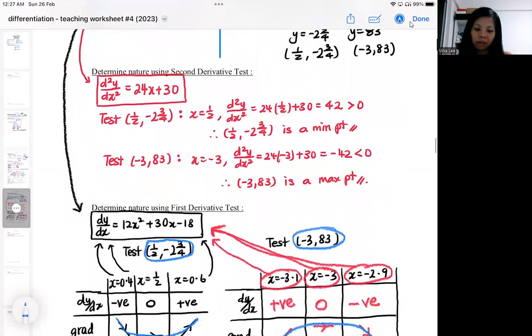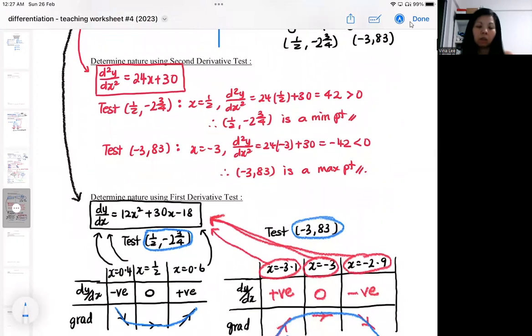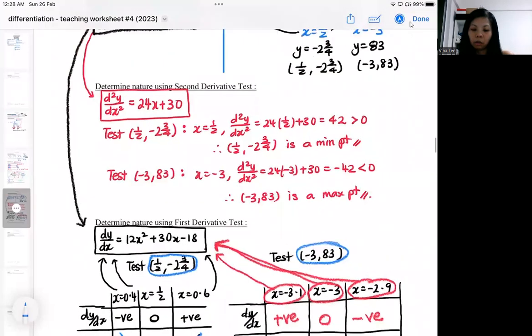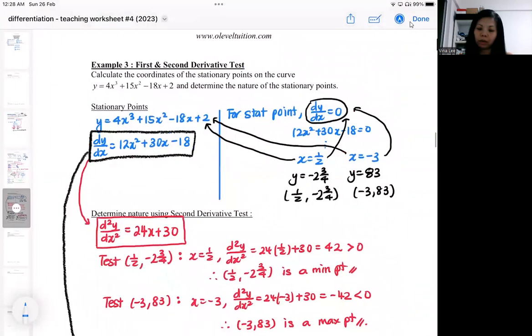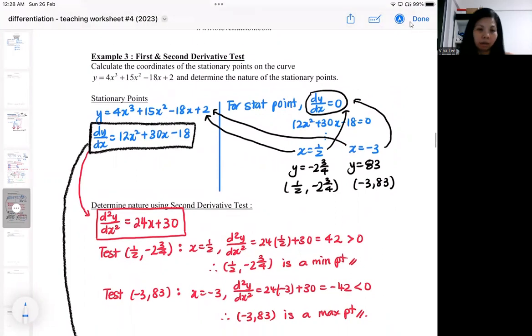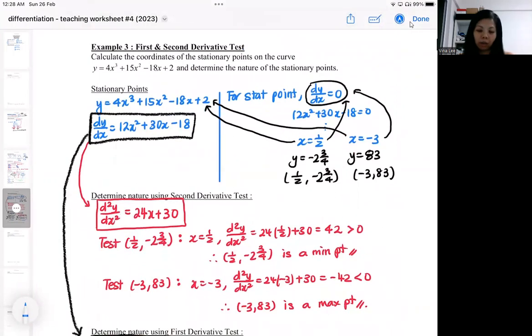So we will use the second derivative or first derivative test to test nature, and we will extend it to the maximization and minimization problem. So look through it. Make sure you are able to find the stationary points. Make sure you know how to execute the second derivative test and the first derivative test to tell the nature.